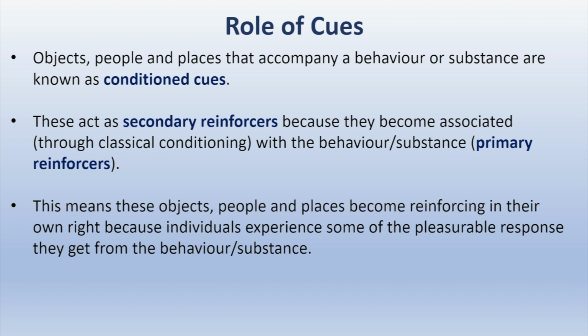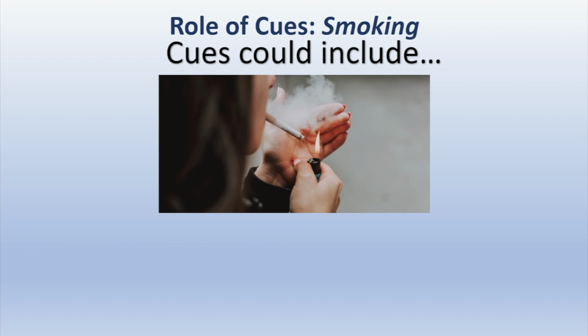Okay, so we'll have a look at some examples and make a little bit more sense for you now. So on page 18, you've got the same picture which you can see on the screen. And I want you to think of, before we go through it, some examples of cues that could also be associated with smoking.